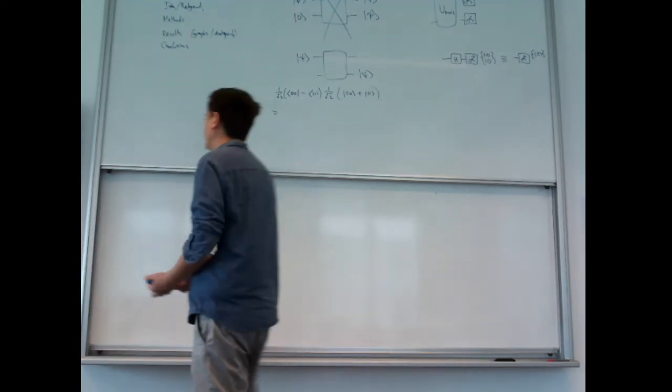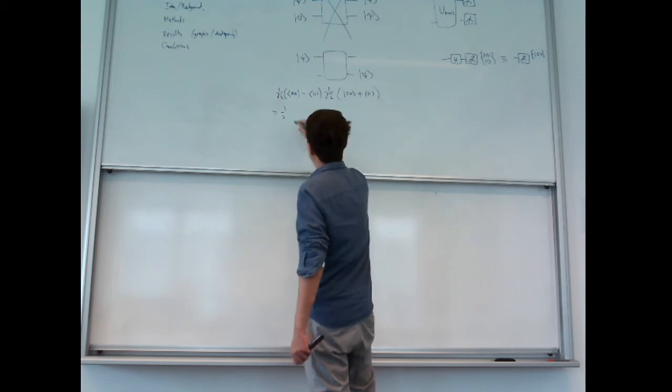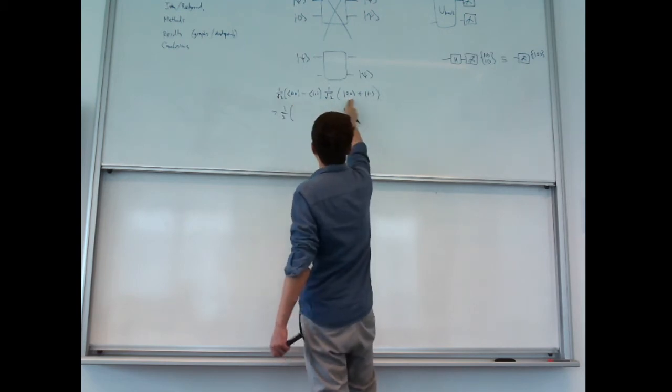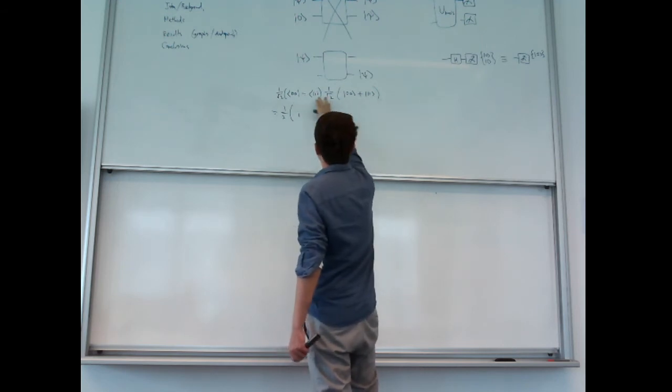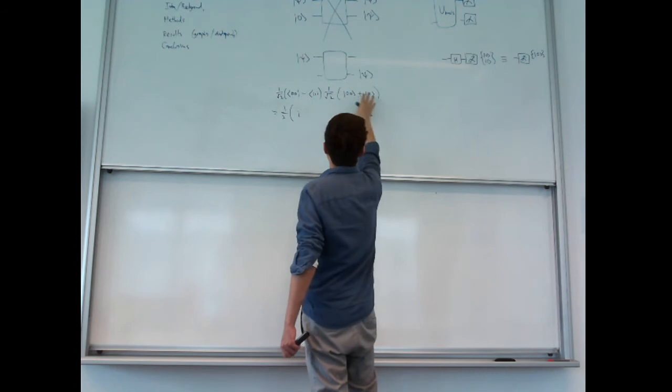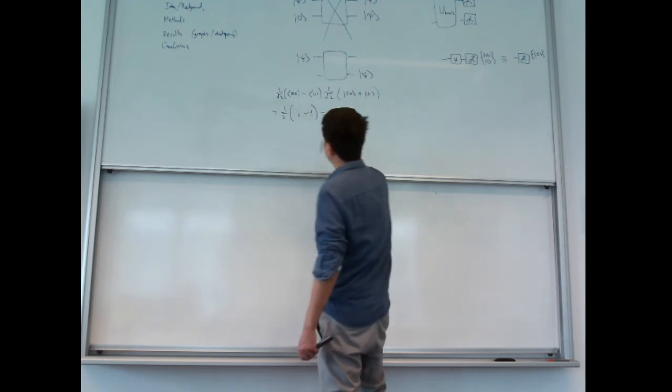If you work this out, the factors of 1 over root 2 just give a half, and the inner product is 1 times 0 for the first term, 0 times 0, and 0 times minus 1, so it's equal to 0.